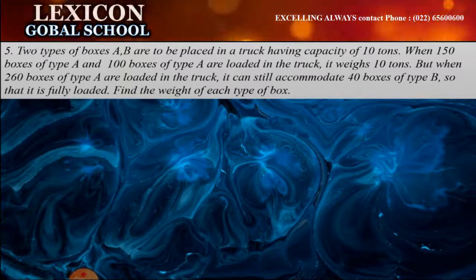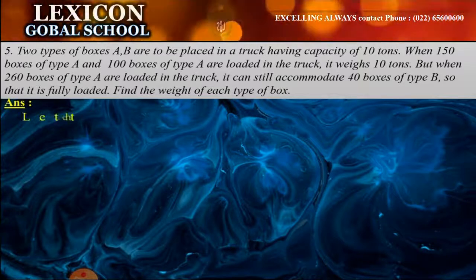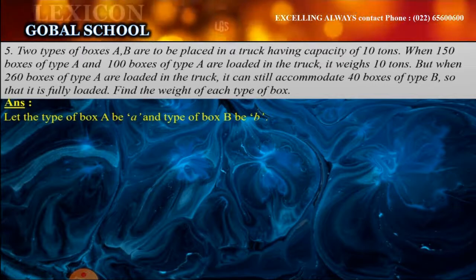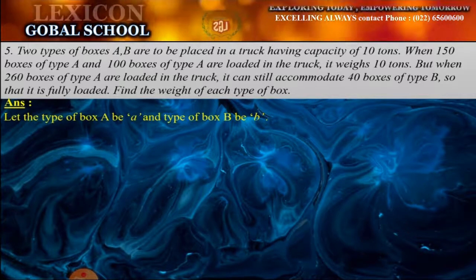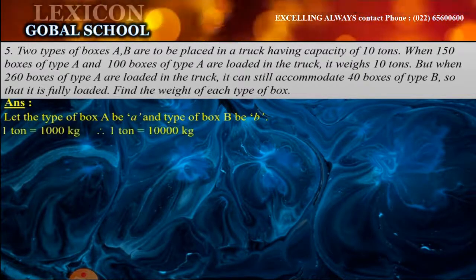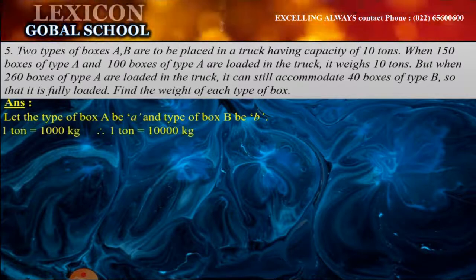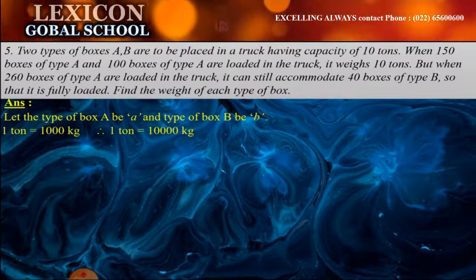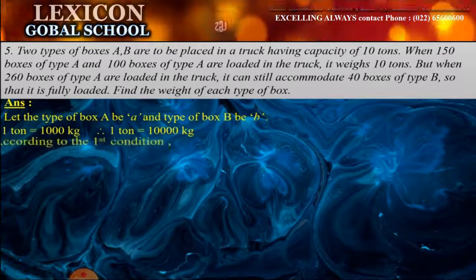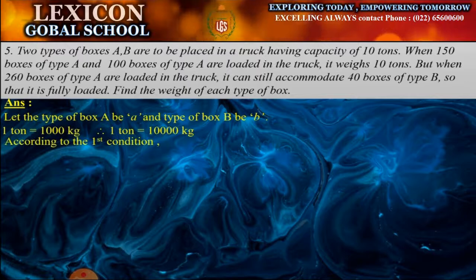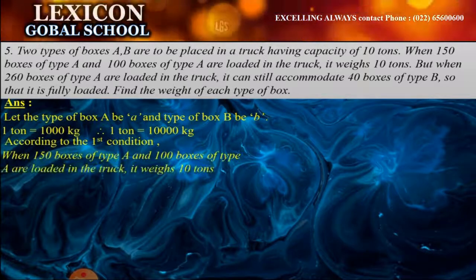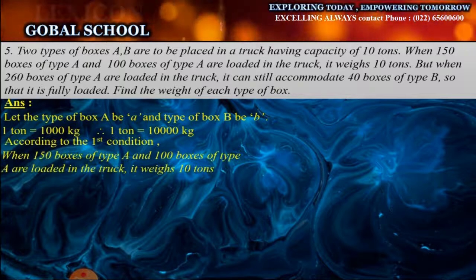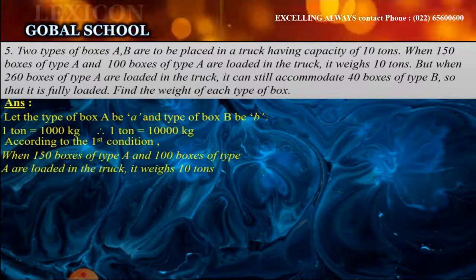Since we have two types of boxes, let us write our answer. Let the weight of type A box be A and type B box be B. 1 ton means 1000 kg. So 10 tons is equal to 10,000 kg. According to the first condition, 150 boxes of type A and 100 boxes of type B are loaded in the truck.